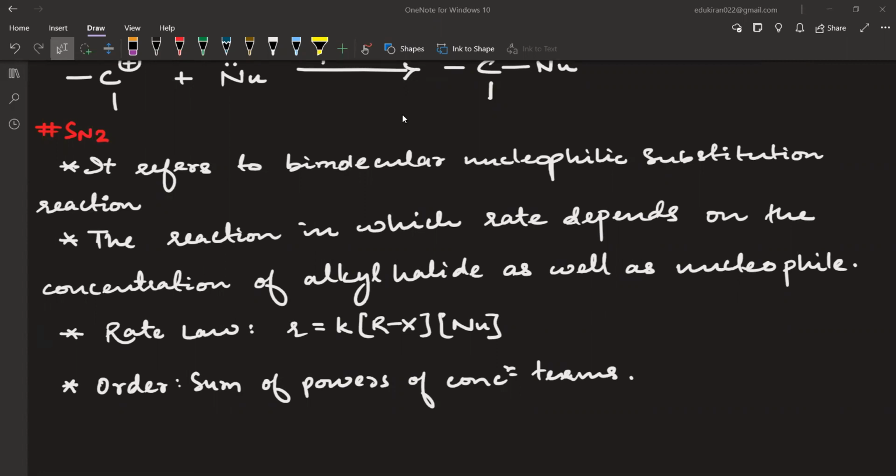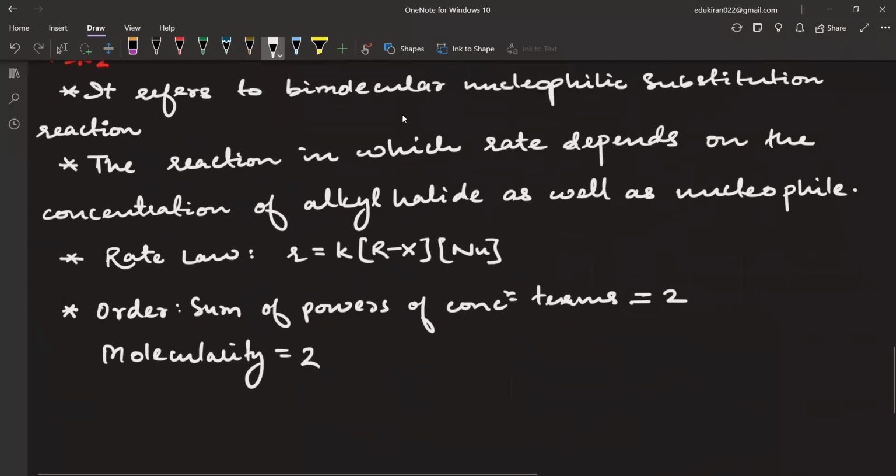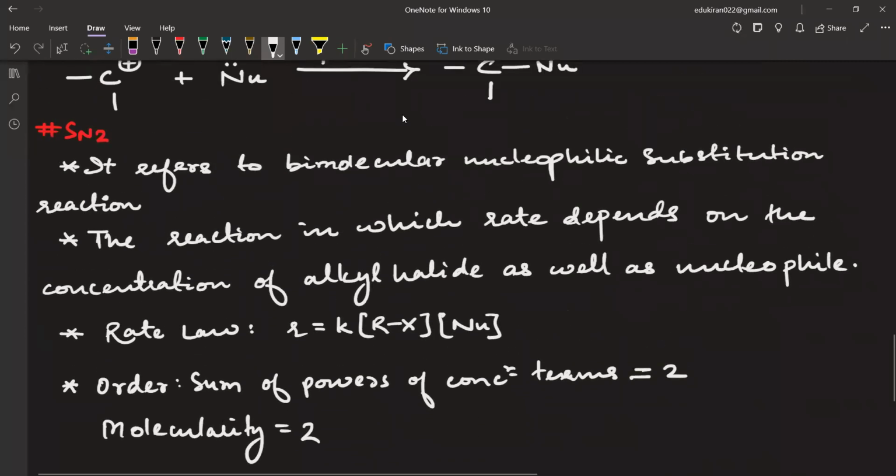Here the powers are 1 and 1, so it will be equal to 2. The molecularity will also be equal to 2 because it is a bimolecular reaction. Write this down fast. Then we'll look at the mechanism.